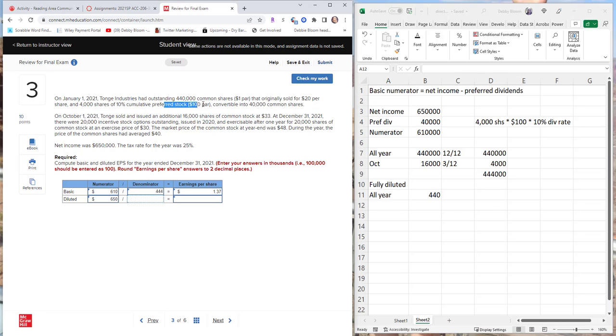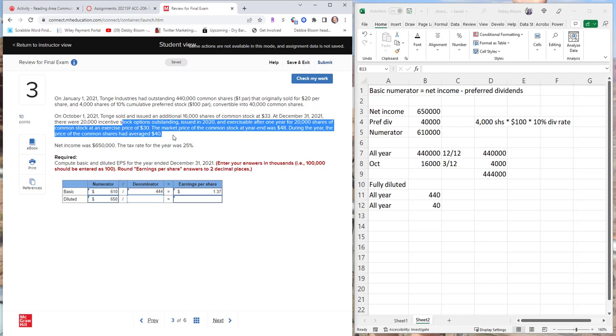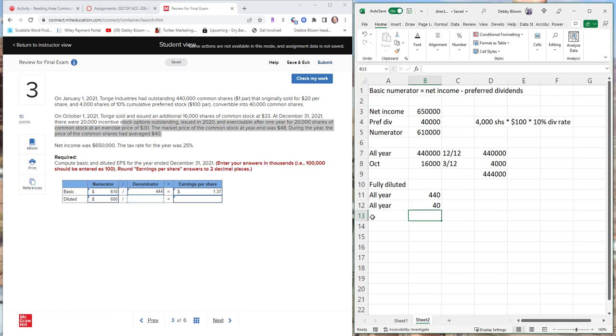Then we're going to assume that the cumulative preferred stock was converted into 40,000 shares. So we're going to have another all year of 40,000 shares for the preferred stock. Now we have to assume that those incentive stock options were converted as of the beginning of the year.